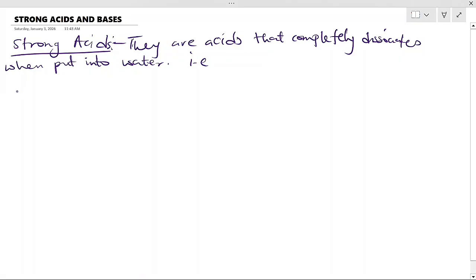Take for example HCl, which is your hydrochloric acid. Introduced into water, it completely dissociates.